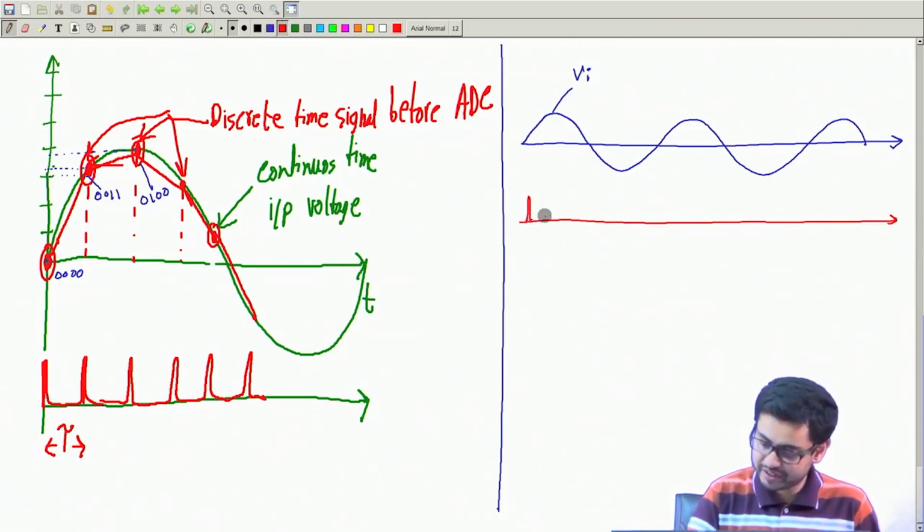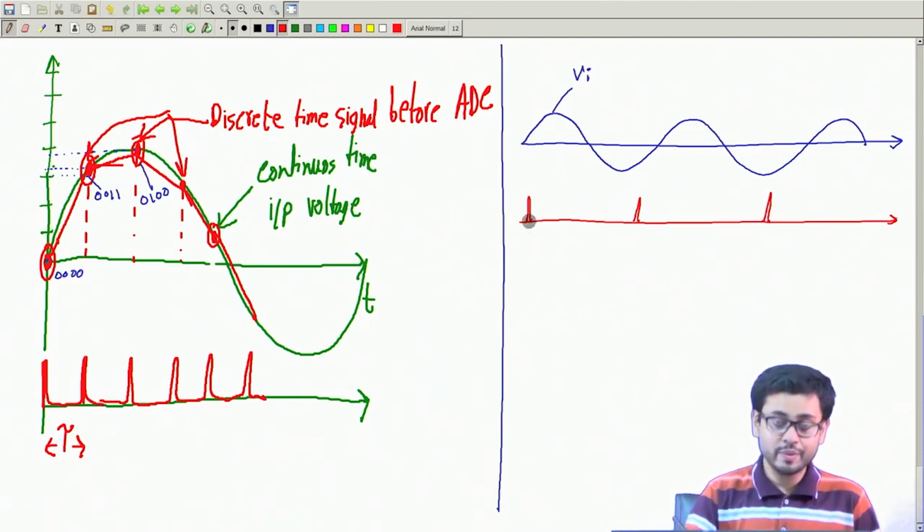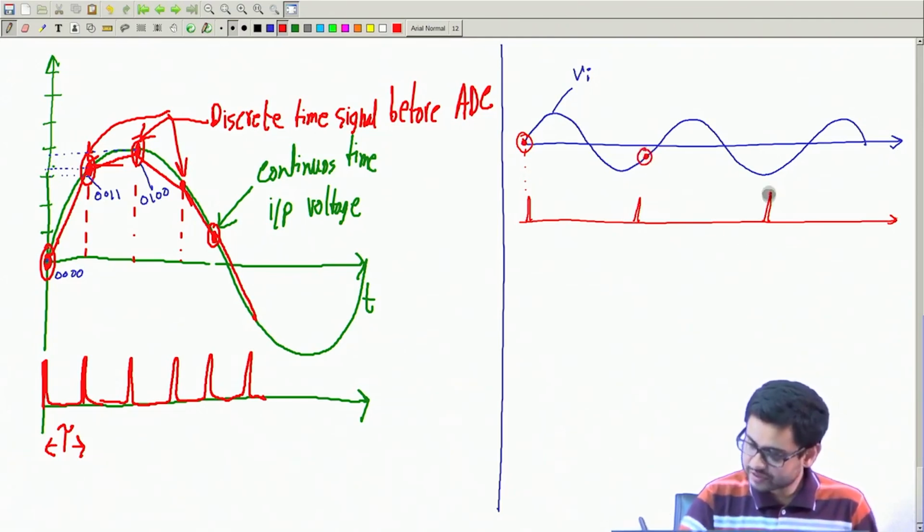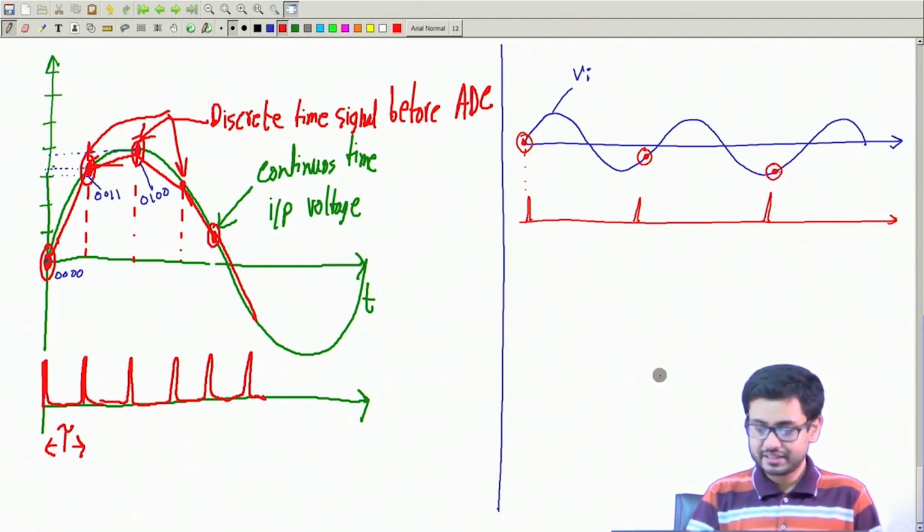So I am sampling one sample here, then another sample quite far, maybe here, and then maybe another sample here, and so on. So what will be my measured value? My measured points will be this, after that the next point is here, after that the next point is here, and so on, right?